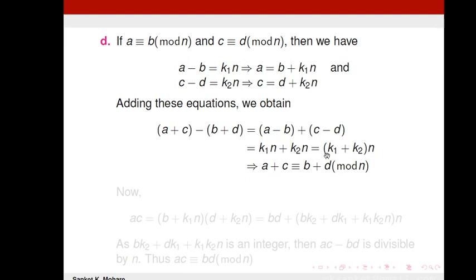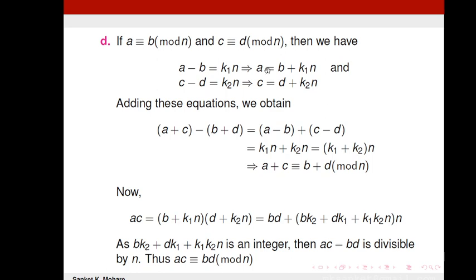Take n common out, I obtain k1 plus k2 times n. As k1 and k2 are integers, their sum is also an integer. Thus we obtain A plus C minus B plus D is equal to k1 plus k2 times n, and by definition of congruence, this implies A plus C is congruent to B plus D modulo n.